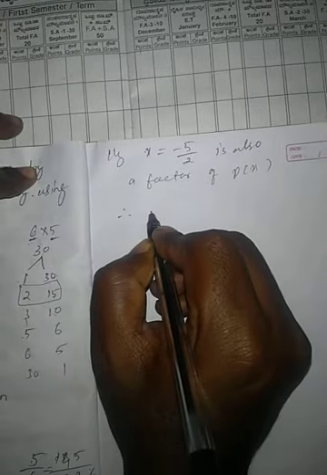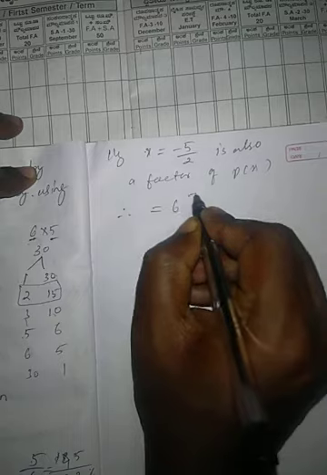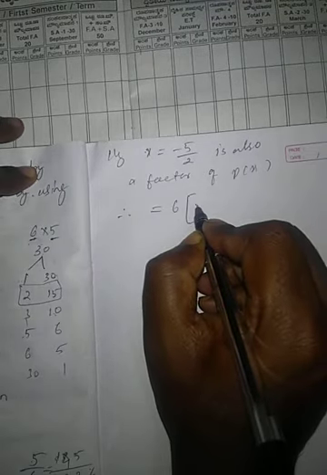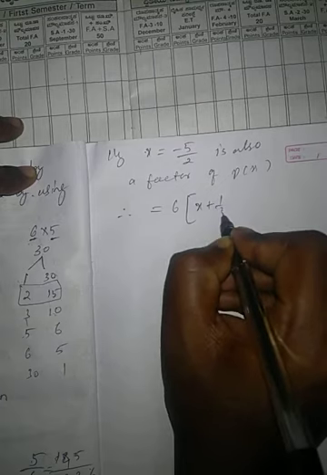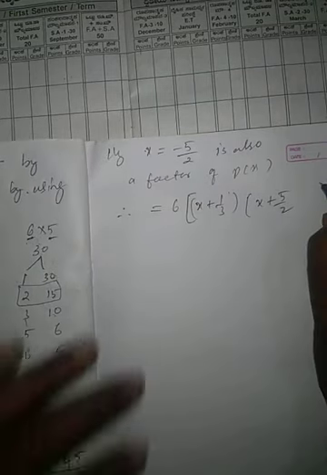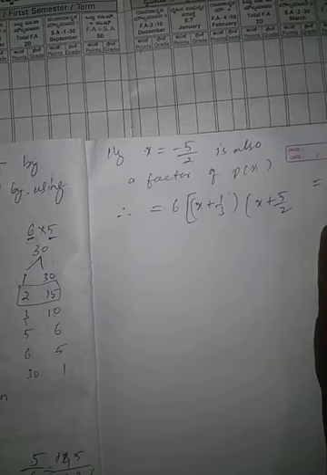Therefore, taking 6, p of x is equal to 6 into x plus 1 by 3 into x plus 5 by 2, because it is in the form of x minus a into x minus b, where minus and minus is plus.